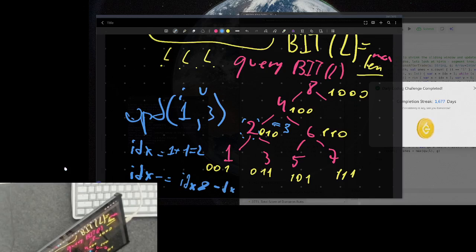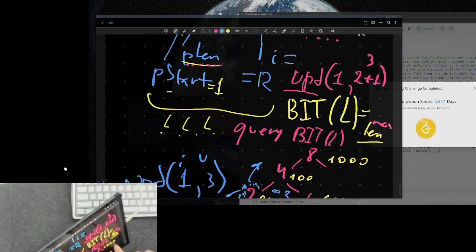Basically, we're removing this 1, and we go straight to 0. So the 2 is the final leaf. We don't actually go anywhere. Okay, and this is how it works.